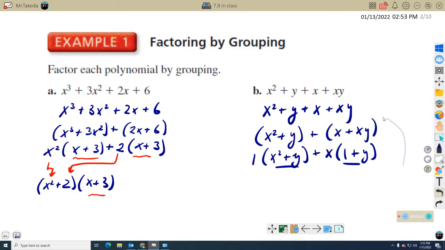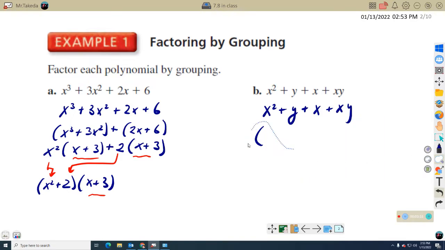So what we have to do is rewrite this so we'll put the y's together. So I'm going to say x squared plus x, which are these two, plus y plus xy. Now that's these two. So now I can do that.